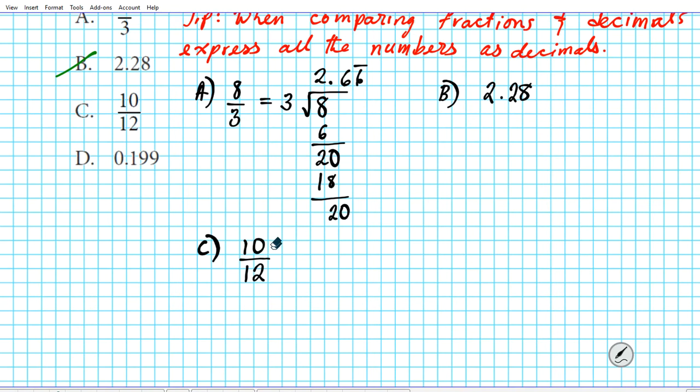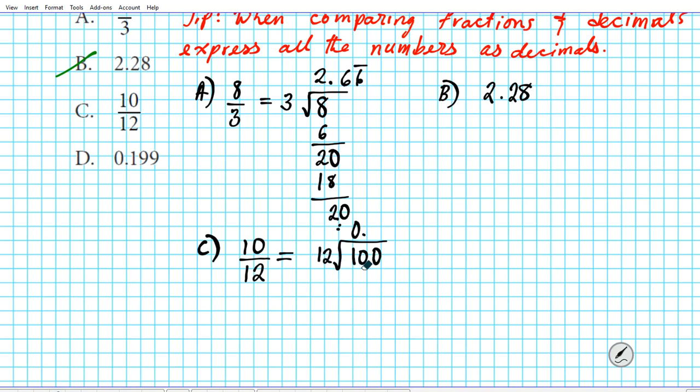Now let's assume that we did not make that observation, so let's carry out the conversion. We want to divide. The top dog 10 goes in the doghouse, and we have a 12 out here. How many times does 12 go into 10? 10 is smaller than 12, so 12 can't go into a number that's smaller than it. So we put a decimal point and add a 0 behind the 10.